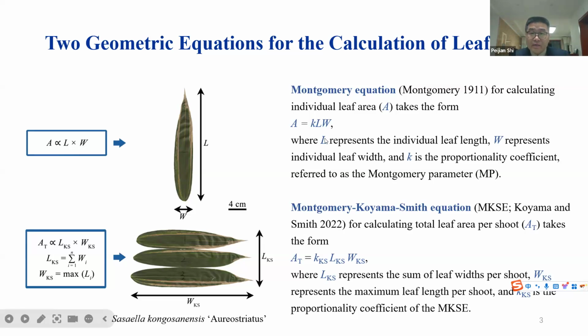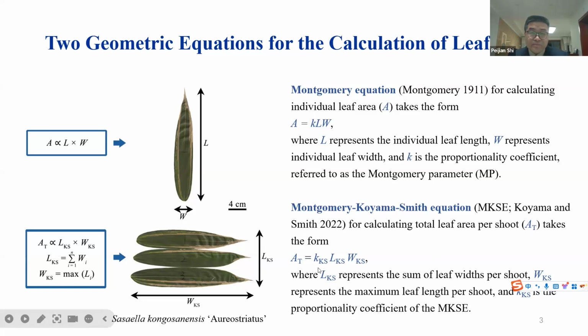Here K is the proportionality coefficient, referred to as the Montgomery parameter. The second geometry equation was proposed by Koyama and Smith in 2022 for calculating total leaf area per shoot. It takes the form like this.